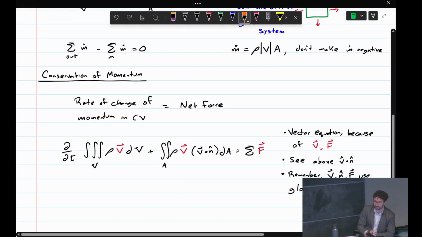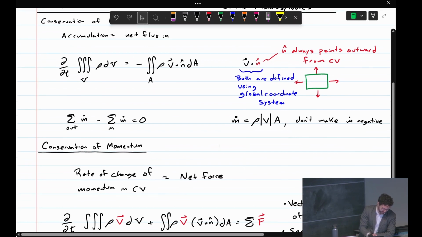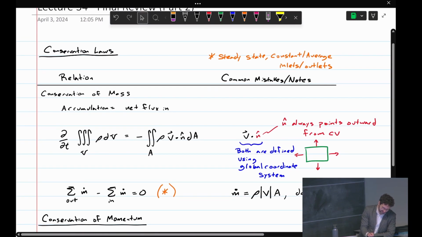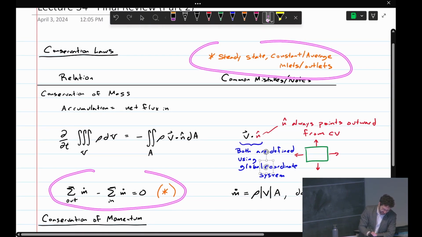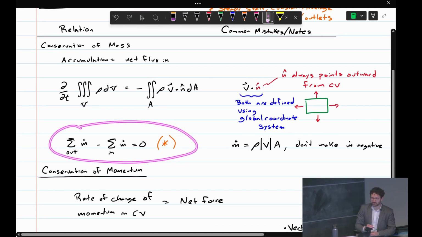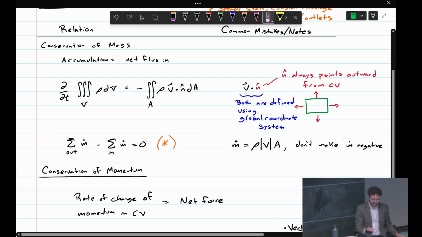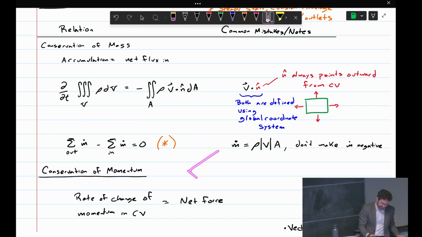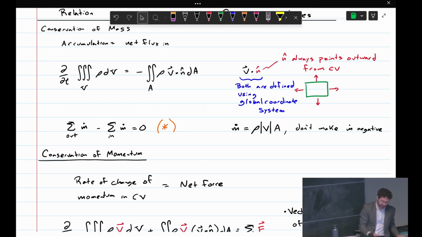So the easier to use version of this equation, I forgot to put a star in this one. So remember, this equation is that star above: steady state, constant, average, inlets, outlets. That is for this equation. So this equation doesn't apply in that case where we have the velocity deficit. That's the case you'll see in your tutorial tomorrow.